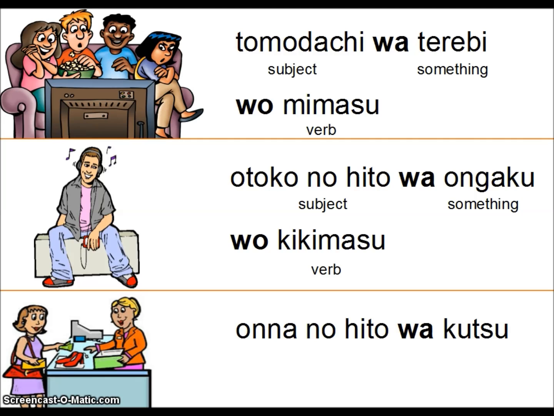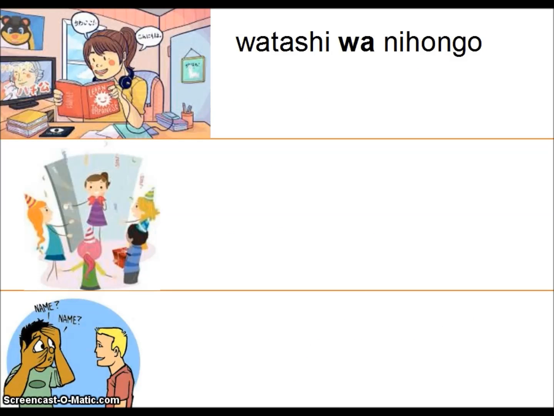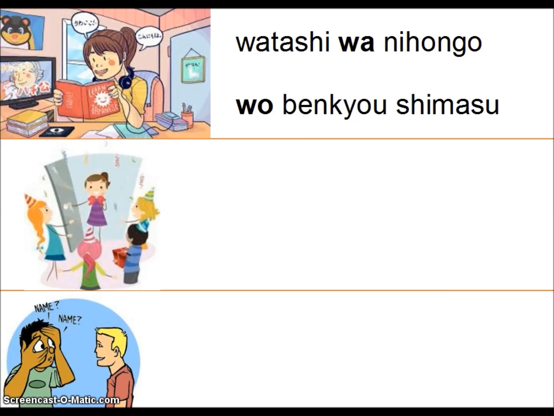女の人は靴を買います. We still have subject は something を verb. 私は日本語を勉強します. Subject は something を verb. I study Japanese.